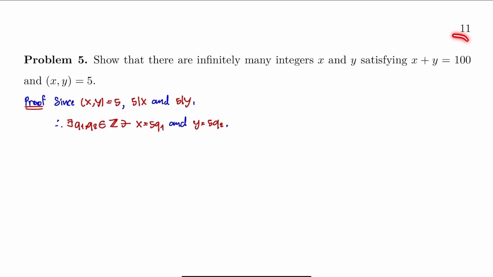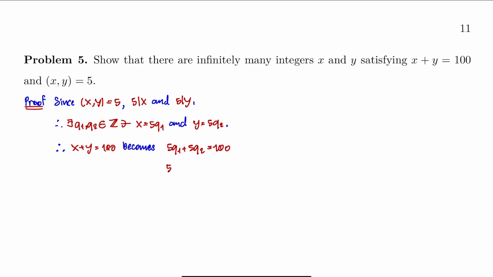Now what next? What happened to this equation? We will substitute this x and y into these equations. The equation x plus y equal 100 becomes 5q1 plus 5q2 equal 100.